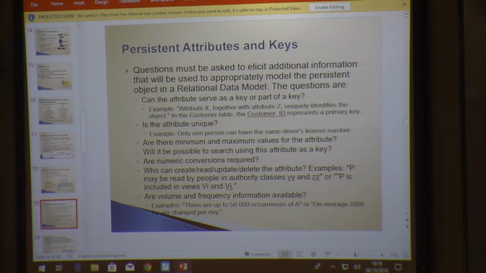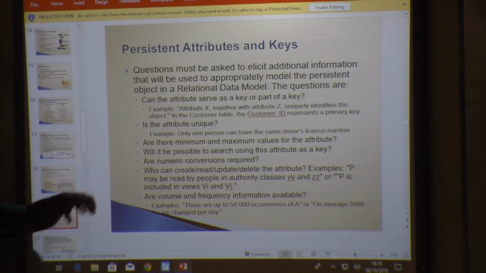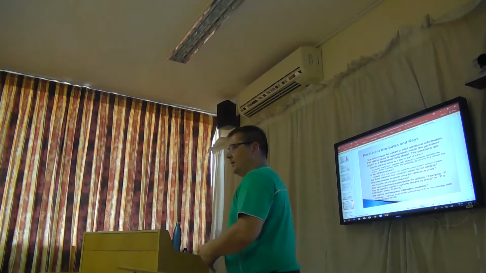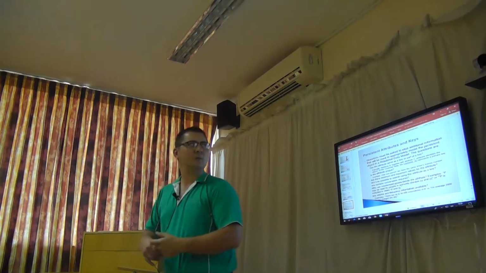Then is the attribute unique? So one combination which would not be very good would be your name. Okay, because your name is not unique in global context of it. Okay. Then are there a minimum and maximum value for the attribute? Can it grow up into bigger portions? Okay, what is the minimum value?